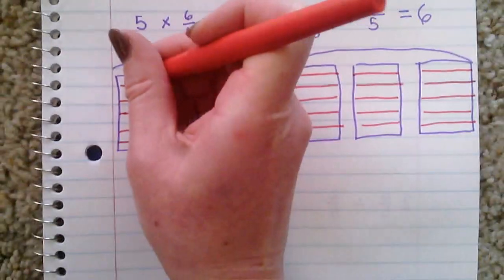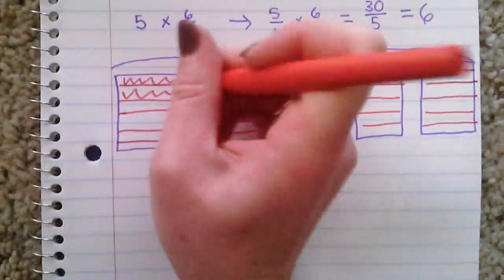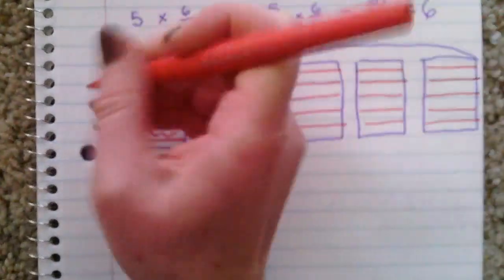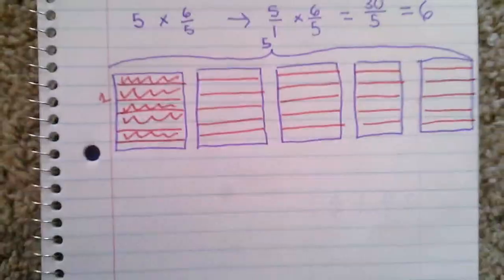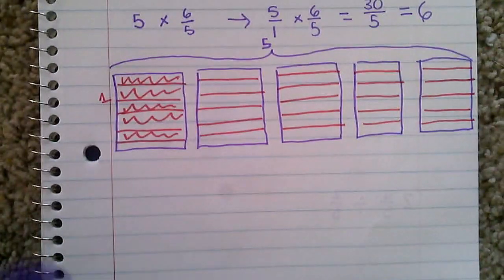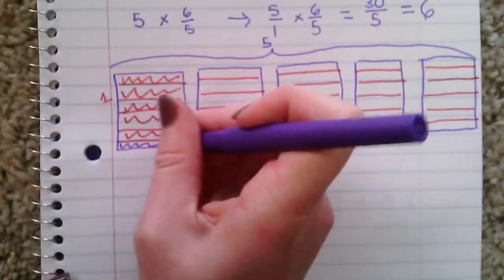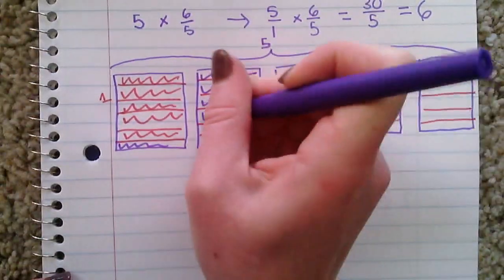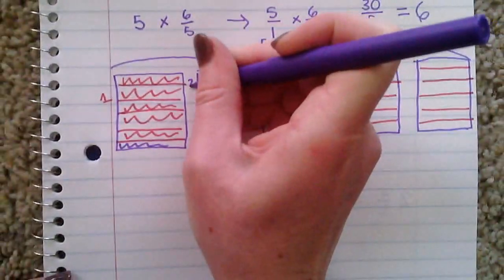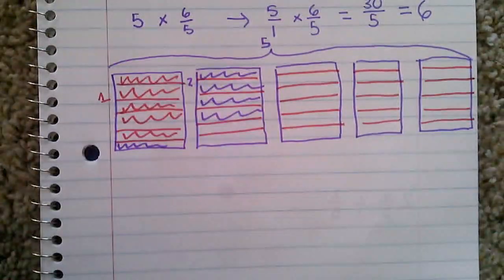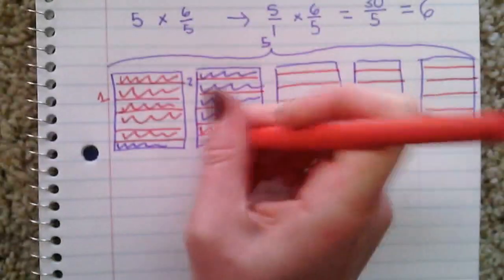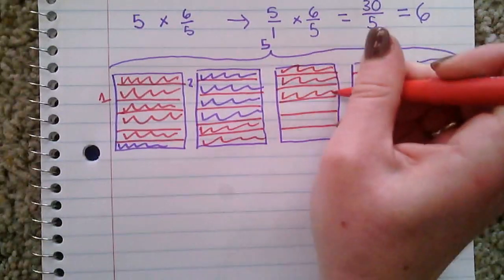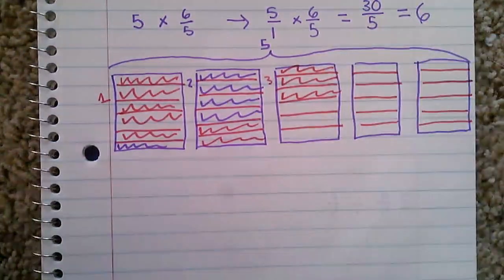So for example, 1, 2, 3, 4, 5. That's one group. I'm going to do my next one in a different color. 1, 2, 3, 4, 5. That's group 2. That's group 3.